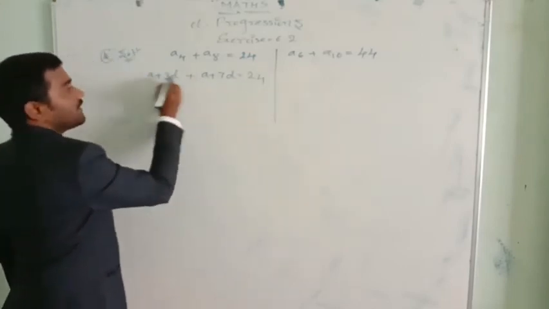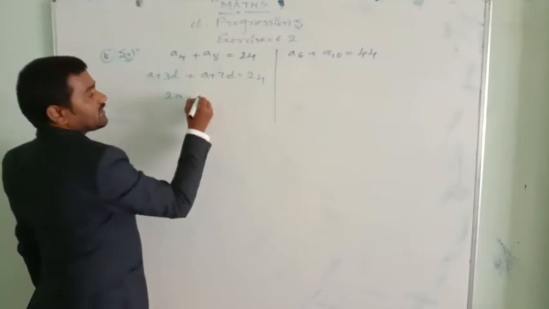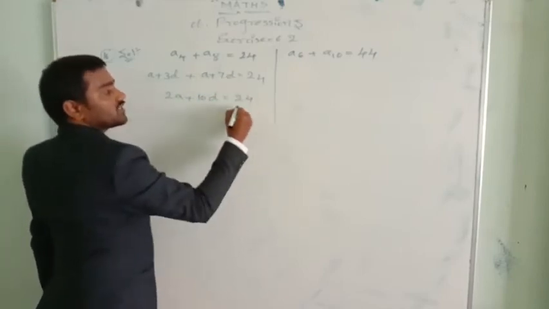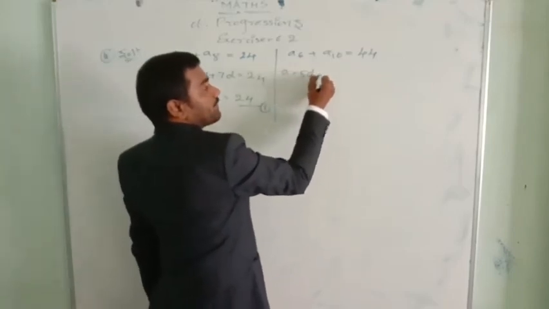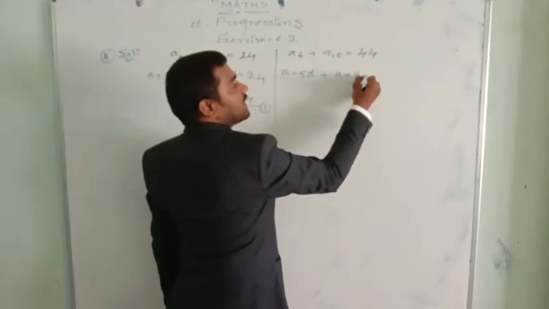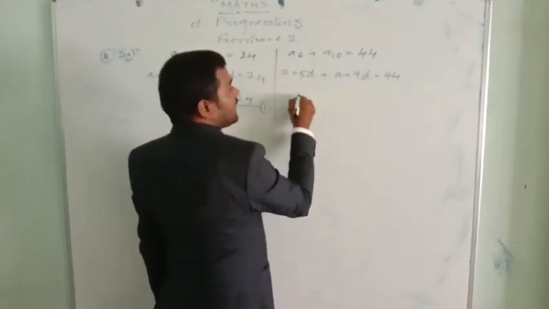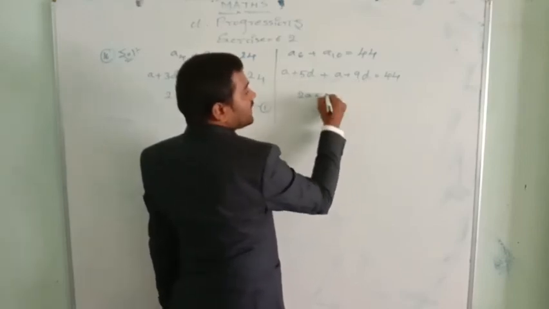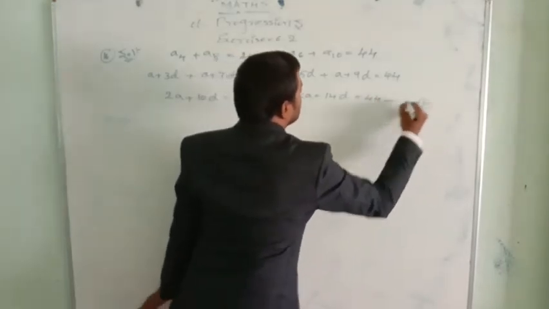Let us solve this first. a plus a is 2a, plus 3d plus 7d is 10d, equals 24. So this is equation number 1. Here a plus 5d plus a plus 9d equals 44. a plus a is 2a, plus 5d plus 9d, that is 14d, equals 44. This is equation number 2.